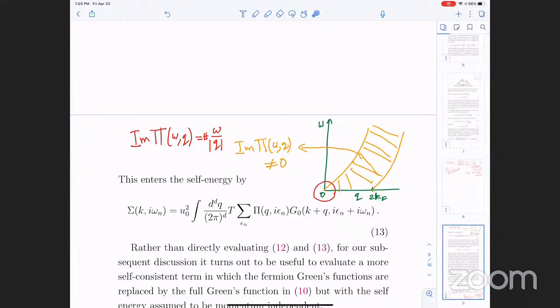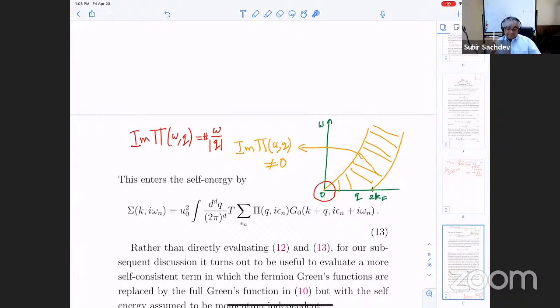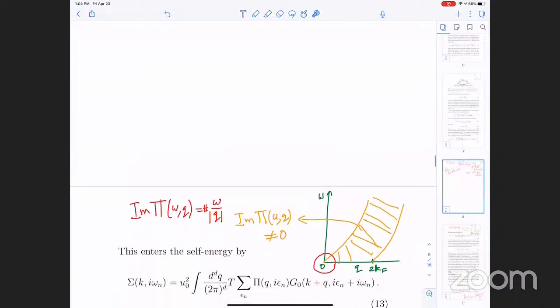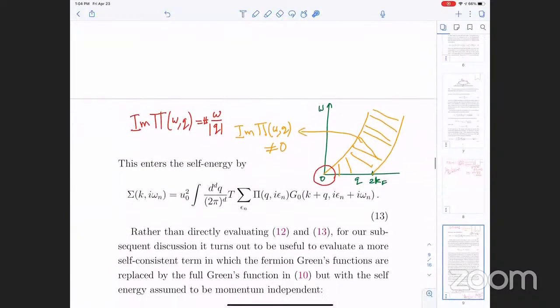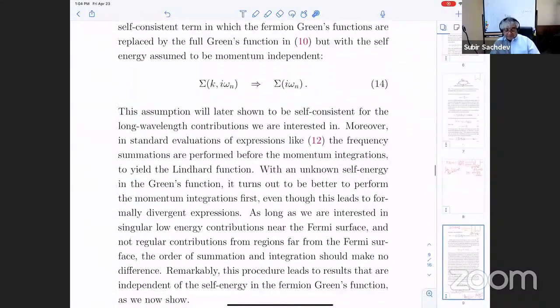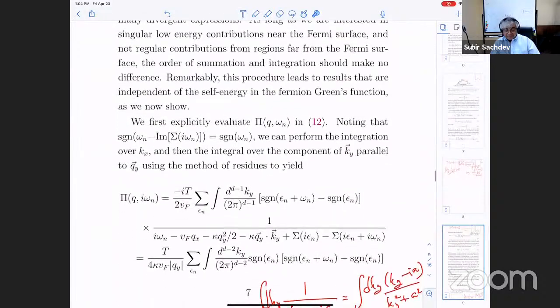I see. Yeah, that makes sense. And another thing is when we change the shape of the Fermi surface, even just a little bit, the theory will be very different, right? If, for example, in the X direction it's a little longer than in the Y direction, something like this. Well, the calculation will be very similar, except the values of VF and kappa would change.